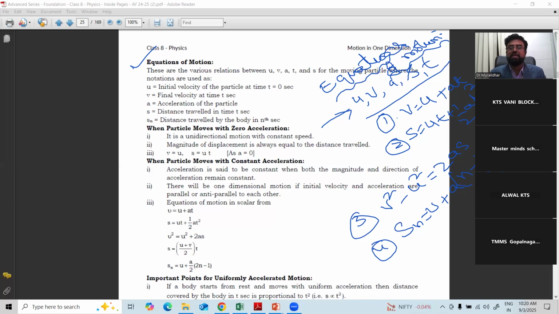The last one is Sn is equal to U plus A into N minus 1 by 2, or you can write Un also. N is a particular time, a particular second that we discuss. So these are all called equations of motion.